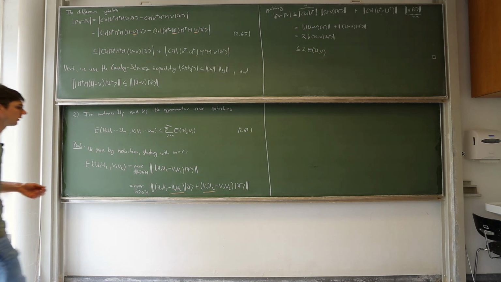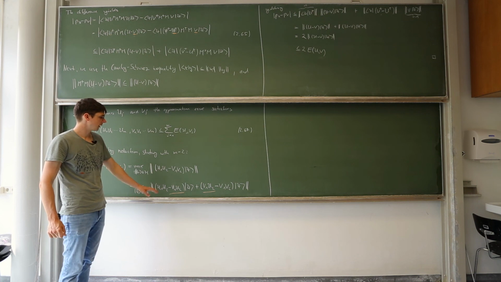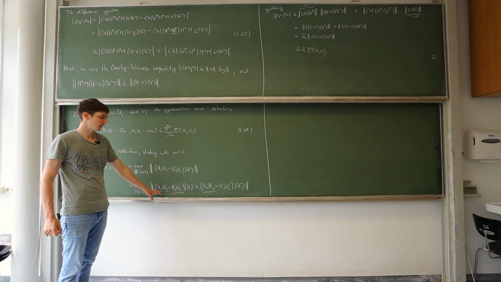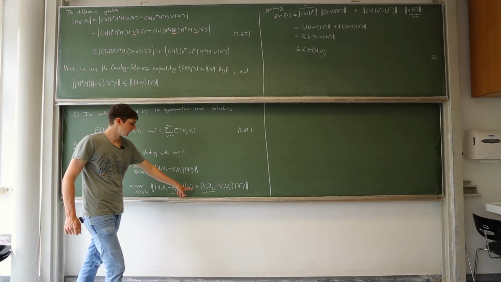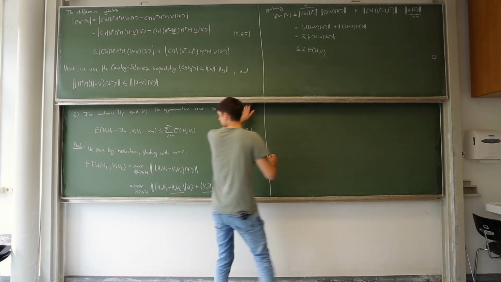Okay, now we use, similar as before, that this norm must be smaller or equal to the norm of the first part plus the norm of the second part.